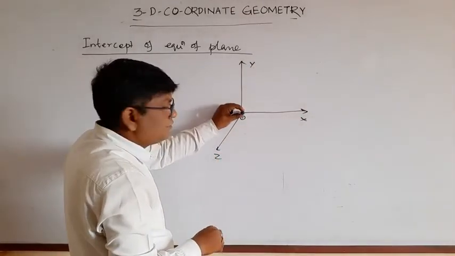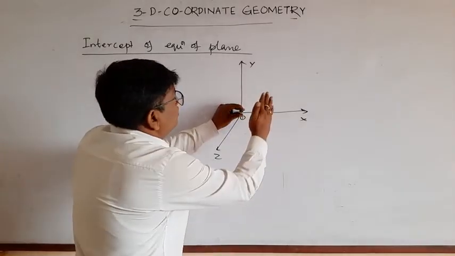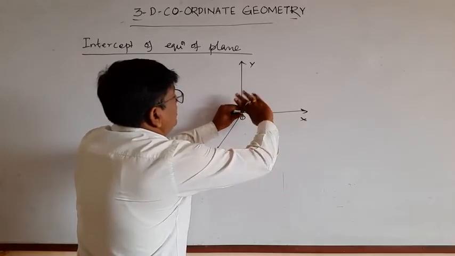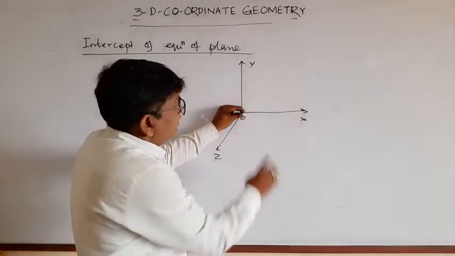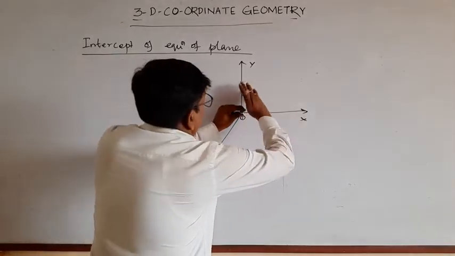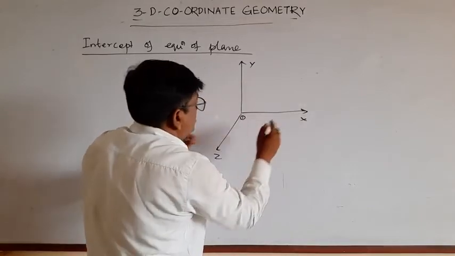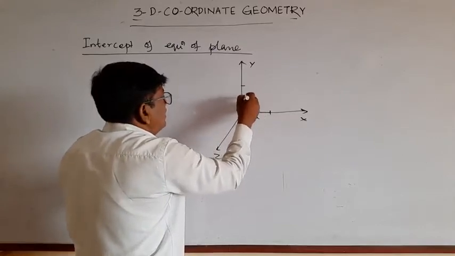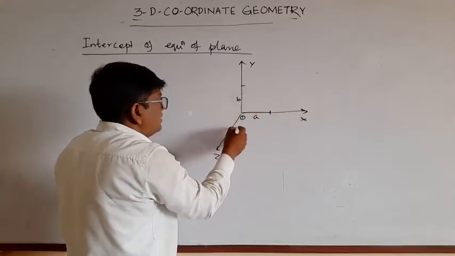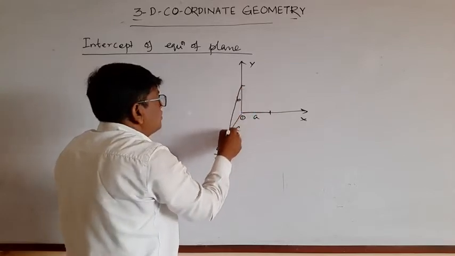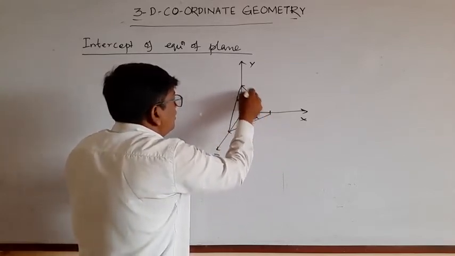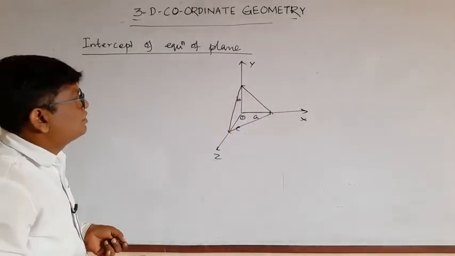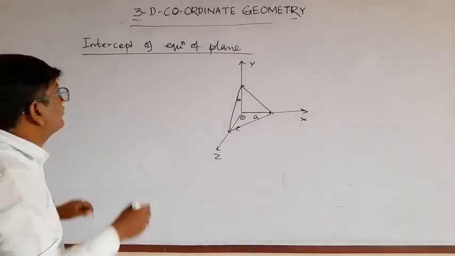Suppose the plane cuts the x-axis at this portion, the y-axis at this portion, and the z-axis at this portion. Suppose it cuts the x-axis at distance a, the y-axis at distance b, and the z-axis at distance c. Now the equation of this plane is x by a plus y by b plus z by c is equal to 1.